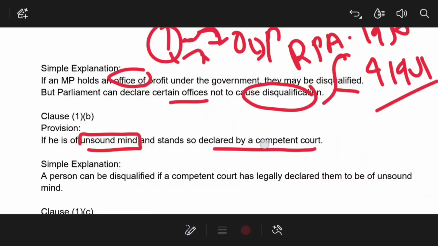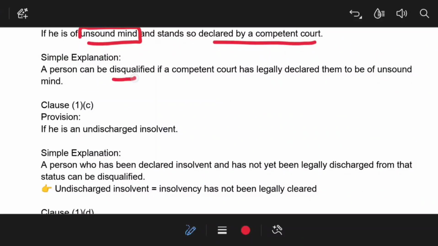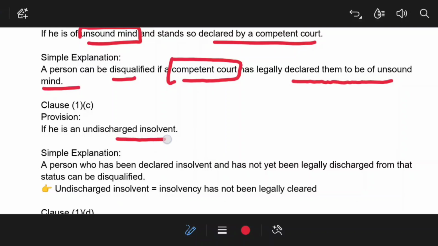Clear? So a person can be disqualified if a competent court, focus on the phrase competent court, the court should also be a competent one, has legally declared them of unsound mind. Then that person can be disqualified from the membership of Parliament. 1C, undischarged insolvent.